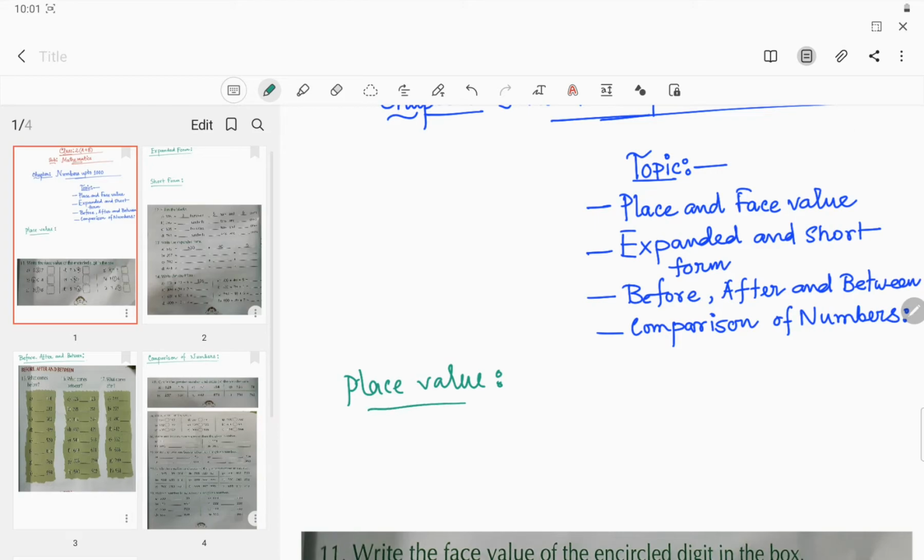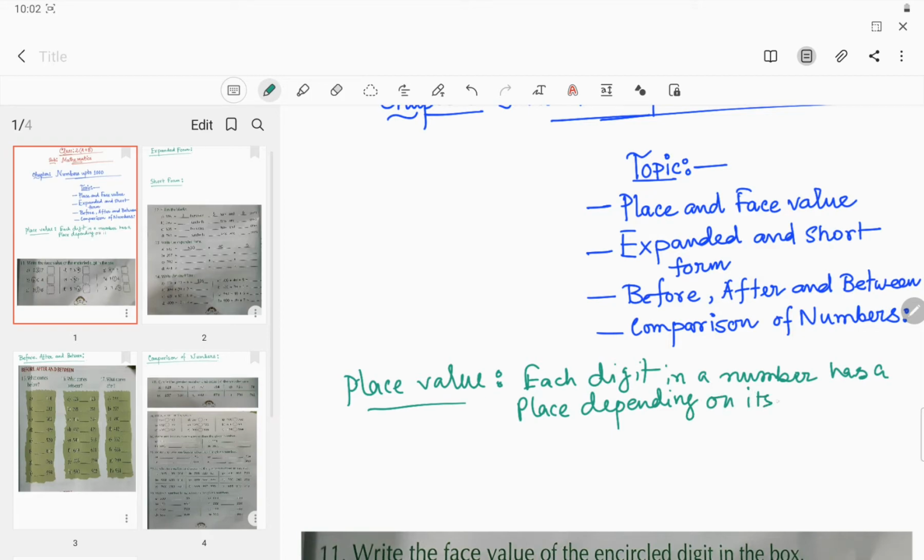Place value means each digit in a number has a place, and its value depends on its place.